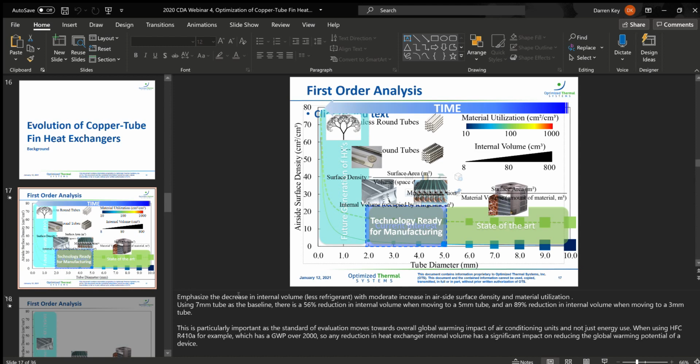So the reason this is significant is, as the standard of evaluation moves towards overall global warming impact of an air conditioning unit, or really any system, we're going to be looking at that rather than just energy use.